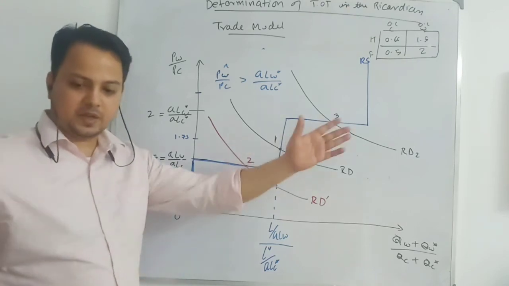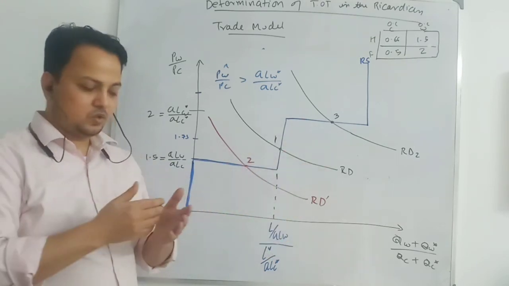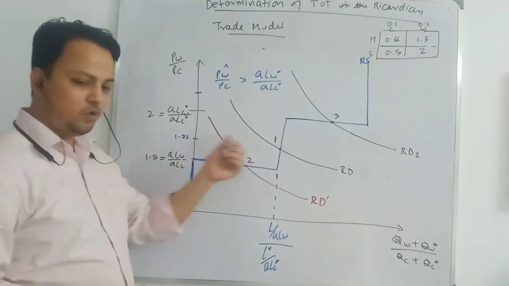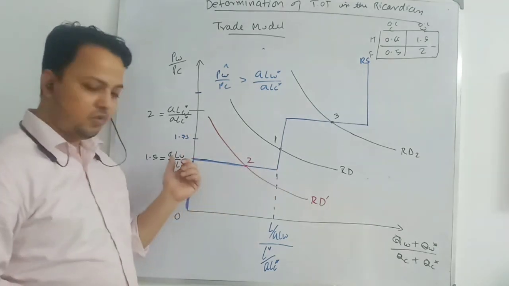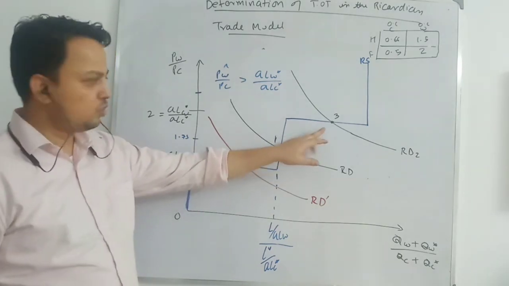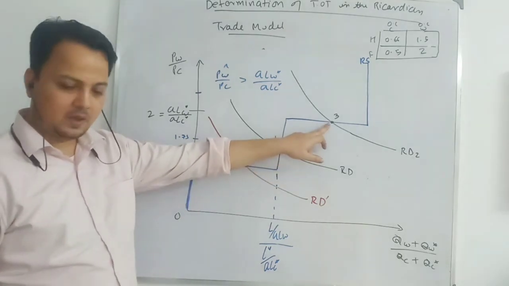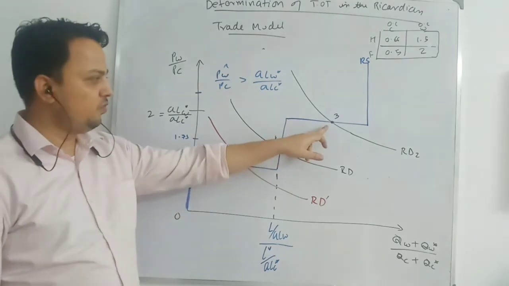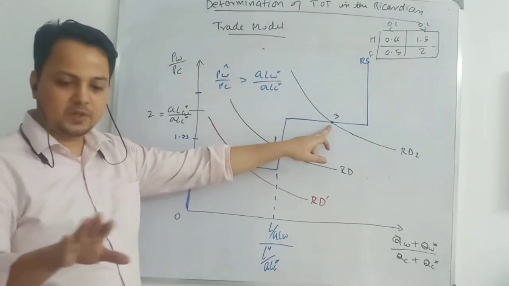But foreign country is very large, so even with exports from home, it is not able to meet demand. It has to produce both goods. So you will be here. Foreign country, which is large, will produce both goods. Home country will specialize.